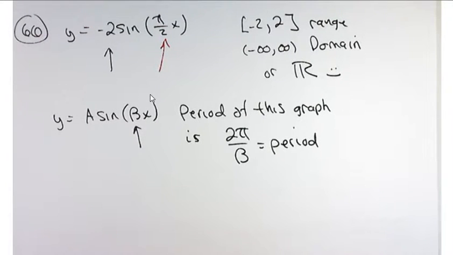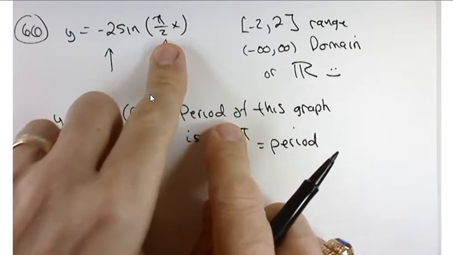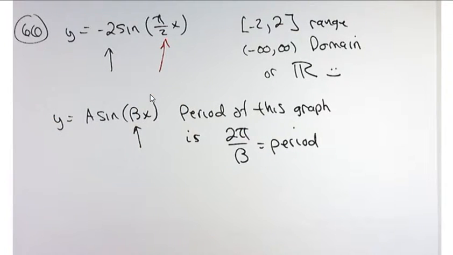So in the case of problem number 66, let's figure out what the period of this is going to be. How often is this graph going to start to repeat itself? Or how far, starting say at the origin, do you have to move to the right or to the left before the graph repeats itself?